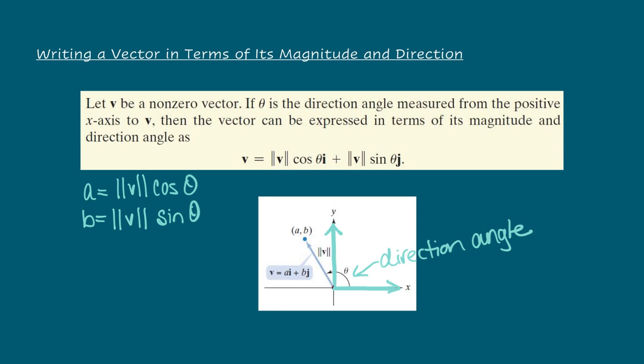So from this, we also know that our vector is equal to ai plus bj. So there's our relationship right there for our vector.